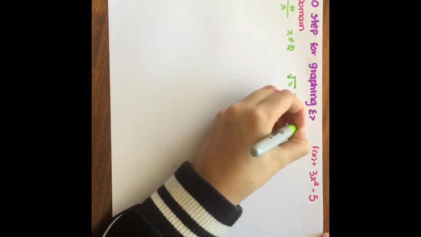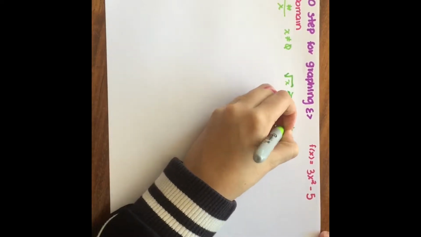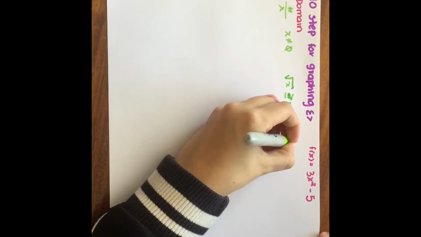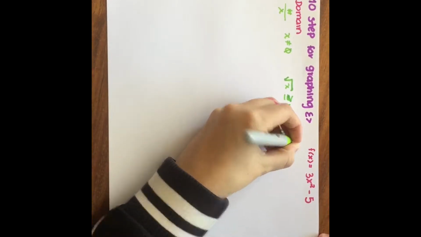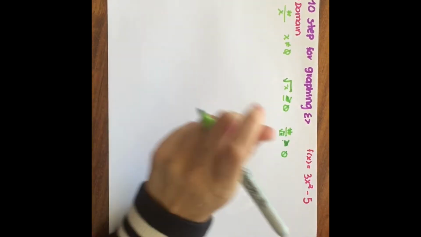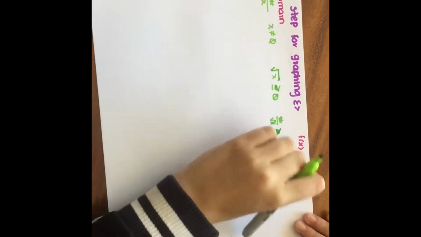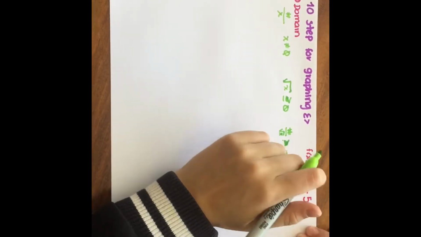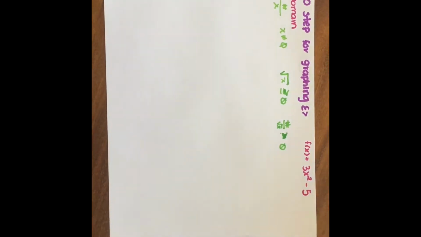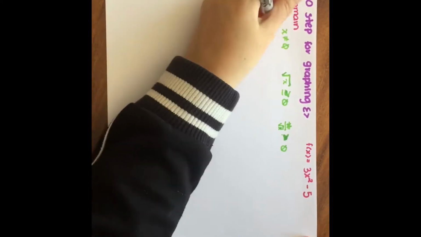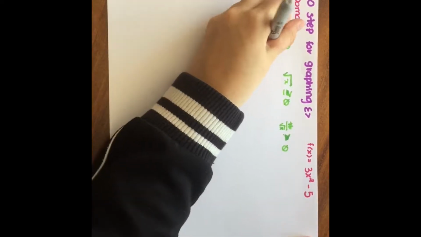And if you have both, then it has to be only bigger than 0, okay? So with all of that, in this specific function, we don't have a restriction. So our domain will be minus infinity to infinity.